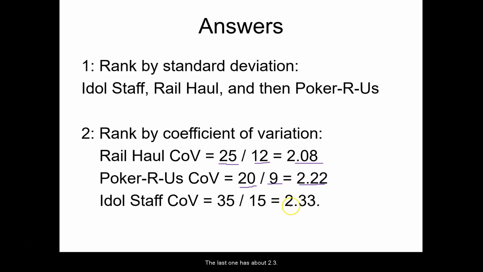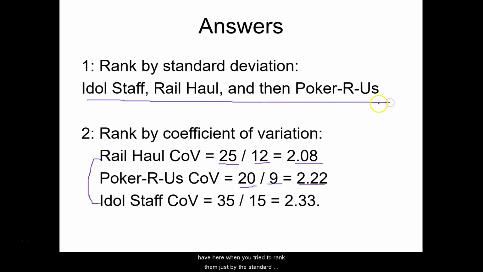The last one has about 2.33. So now, if we try to rank them from the lowest to the highest, these are the 3 stocks ranked according to the level of coefficient of variation. And you see the order here is a little bit different from the results you have here when you rank them just by the standard deviation, or say by the level of the total risk from those stocks.